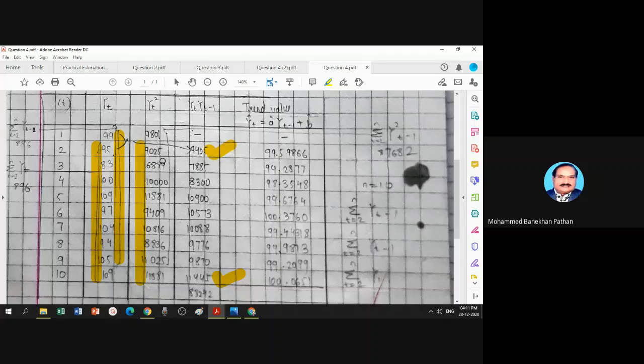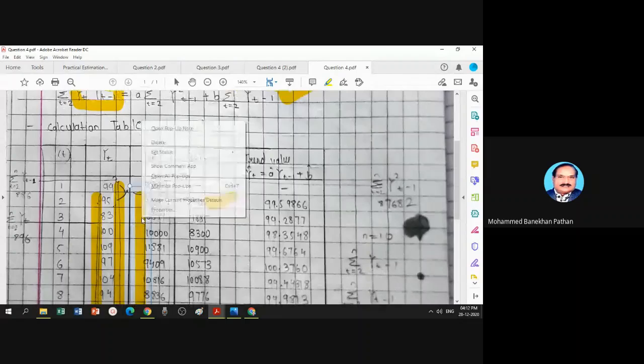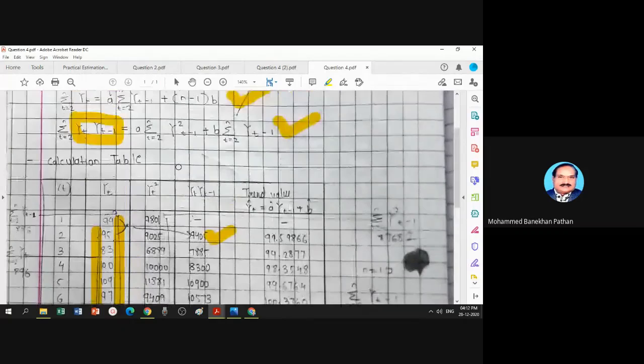Now, here I want from 1 till n minus 1. I replace 2 here, so it is 1, and if I take n here, it is n minus 1.